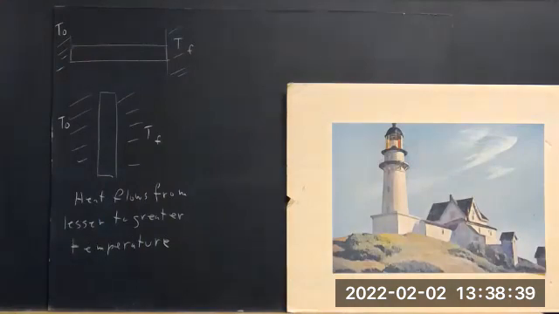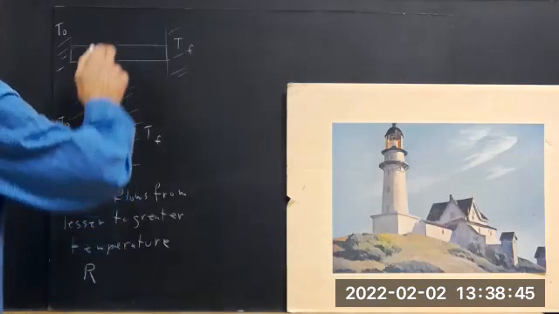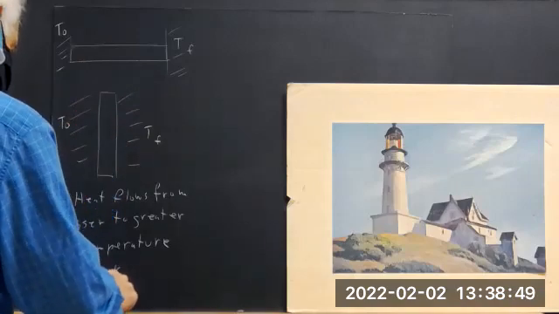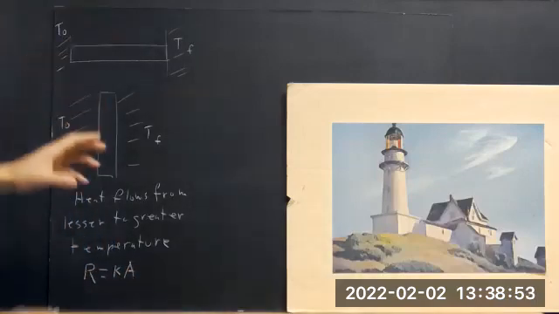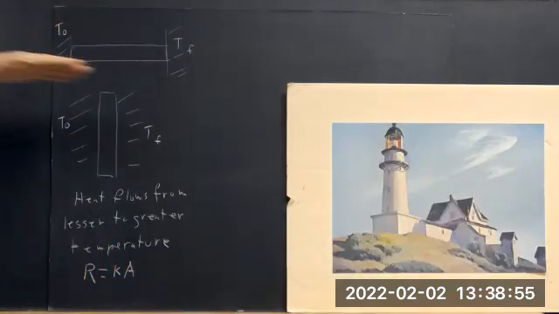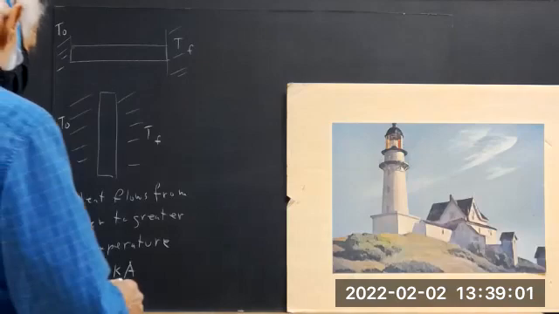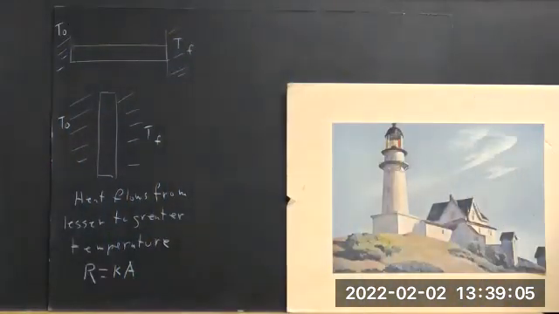And the rate of heat flow in either of these cases is some constant times the area, cross-sectional area, because if you got more cross-sectional area, you got more area for the heat to flow through, right? Okay, so you got a greater cross-sectional area, but what about the length?